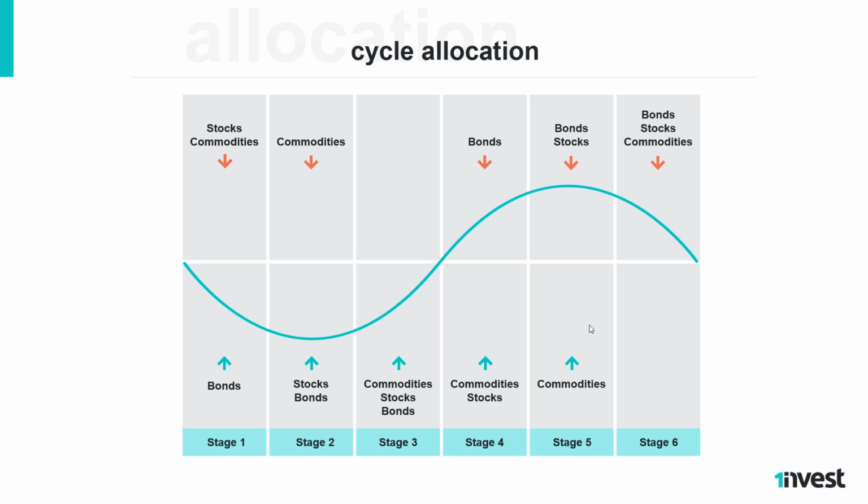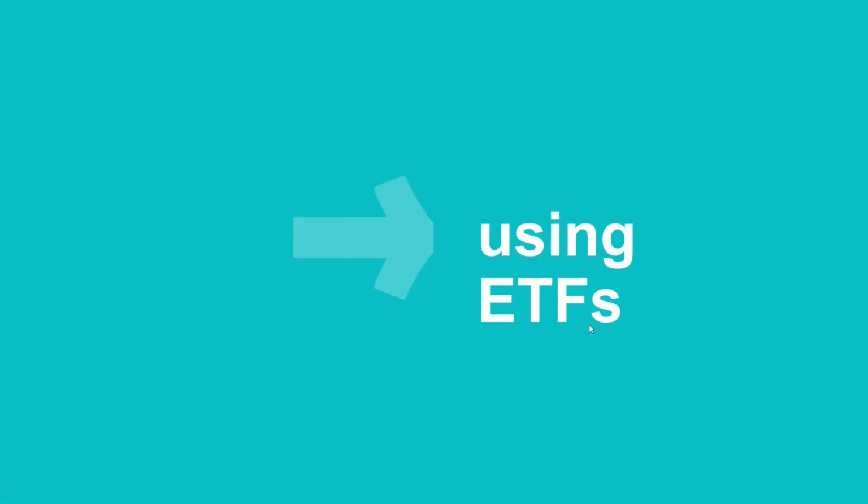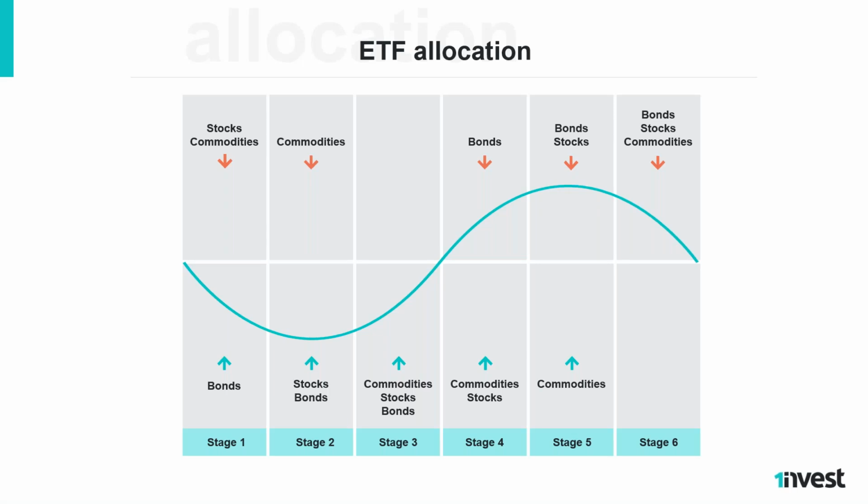Okay, so moving on to how we would overlay ETFs to represent these different asset classes. I'm going to overlay the One Invest range of ETFs because the range does significantly cover a lot of these asset classes. So if we think of a portfolio where we're looking to be long bonds, One Invest does have a SA sovereign bond ETF, which would be a good proxy for bonds at this point in the cycle.